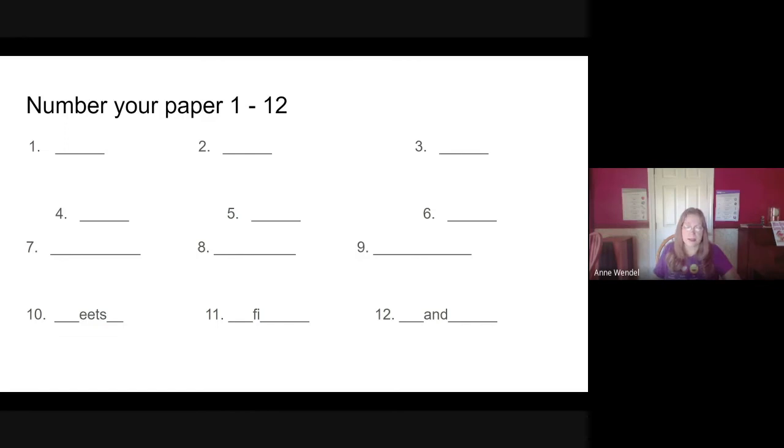In the next section, I'm going to say a word and you're going to write it, but some letters are already there. For number 10, what letters do you have to add to make the word sheets? I put sheets on my bed. Sheets.